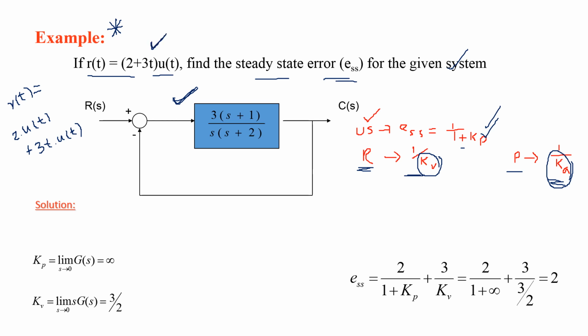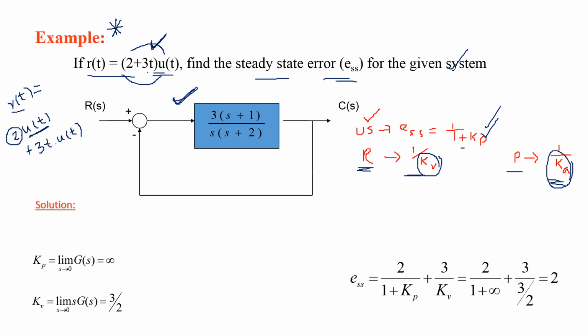If we observe the given input, it is a combination of two signals. That is, R of t is equal to 2 into u of t plus 3t into u of t. Here u of t is the unit step, having magnitude 2.